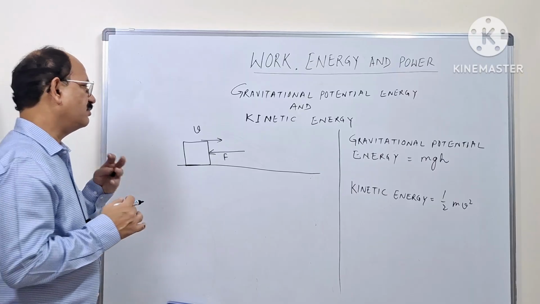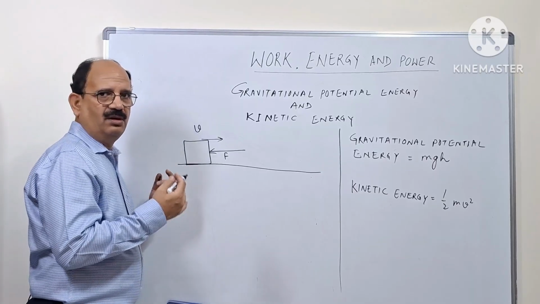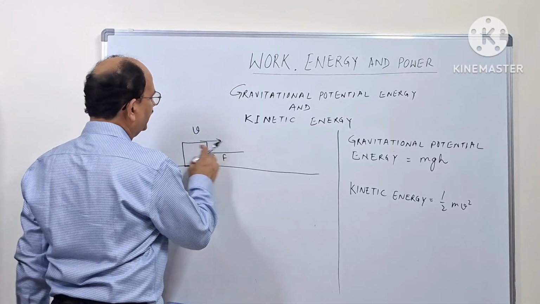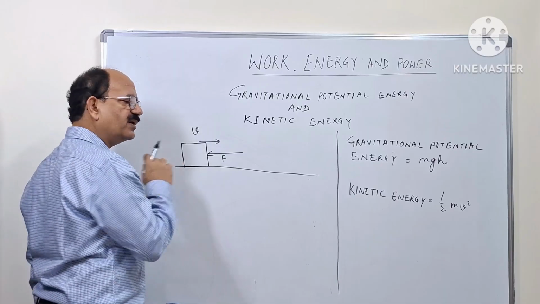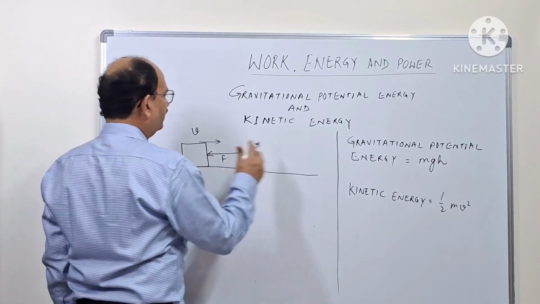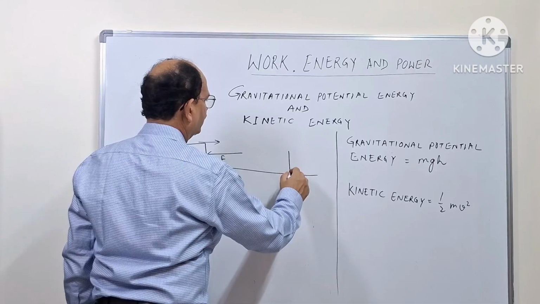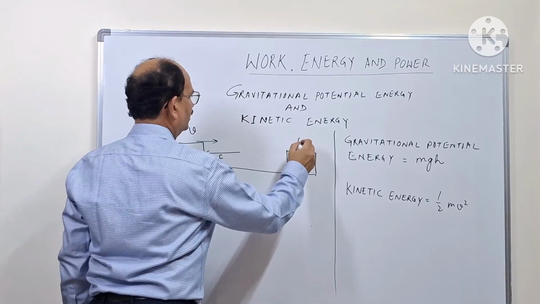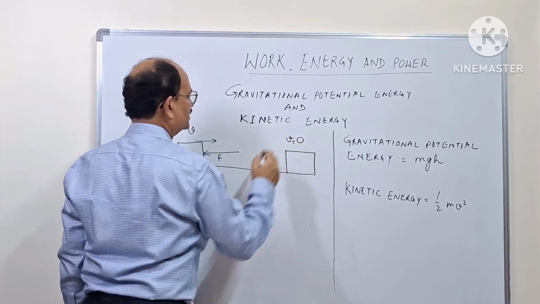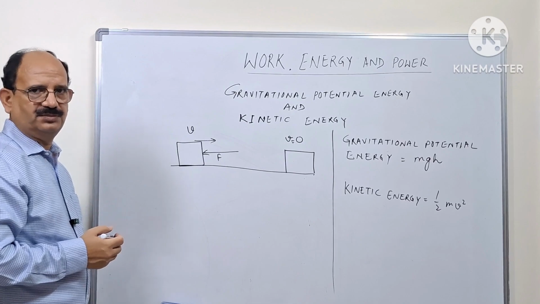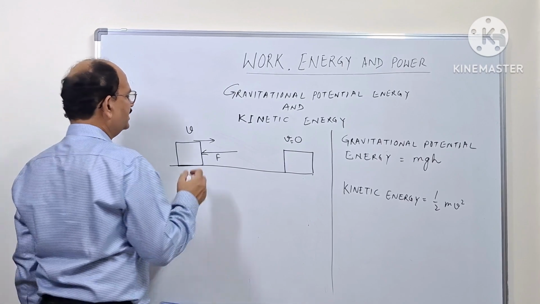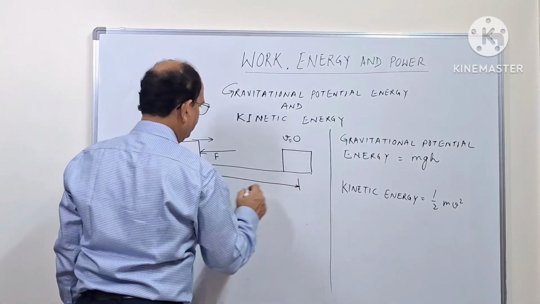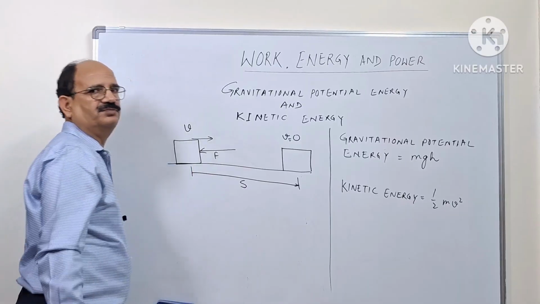So what is your natural expectation about the speed of this body? Because you are applying force in the opposite direction, the speed will reduce. After a point of time, the body may come to rest, that is, the speed becomes 0. Right? And suppose in this process, the body moved up to distance s.